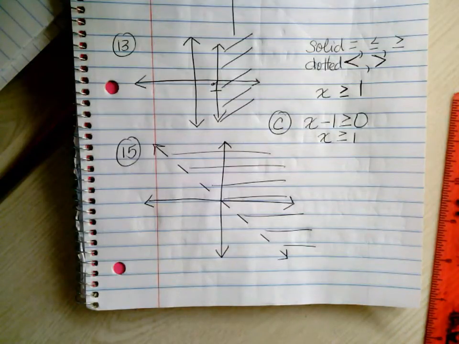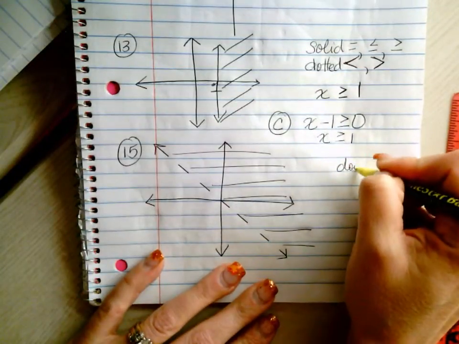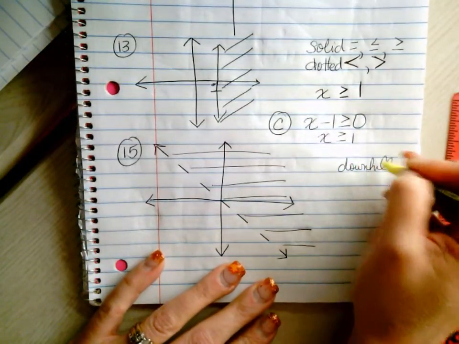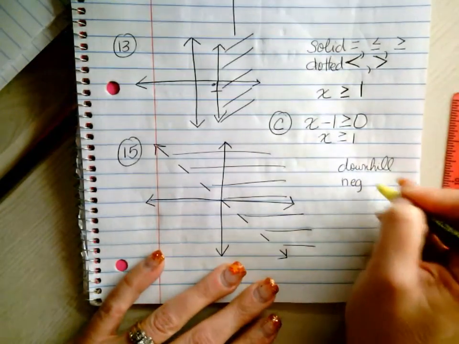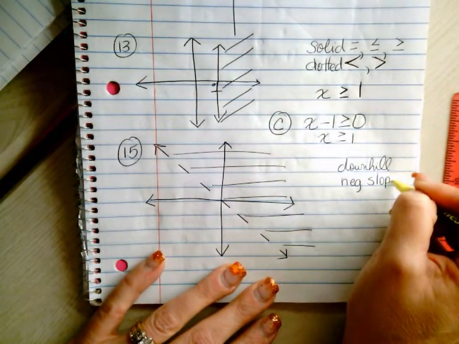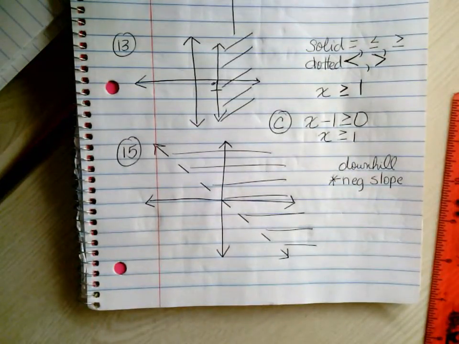Now, the line itself is downhill. Downhill means it has a negative slope. You may not remember that. Are there any here that have a negative slope?